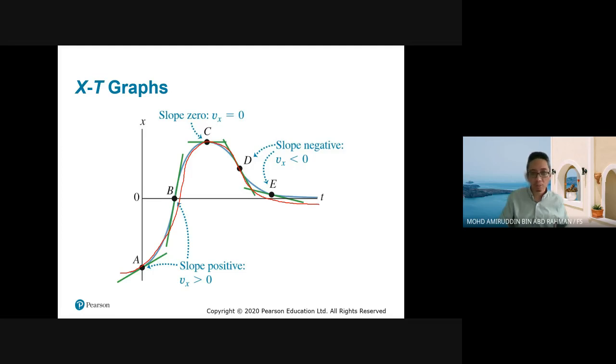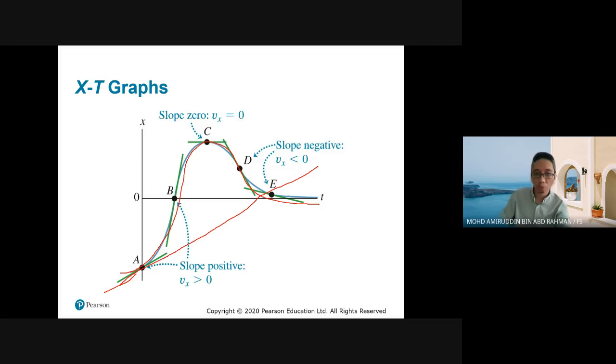But the average velocity here, as you can measure, let's say from point A to point E, is it positive or negative? Average velocity from point A to point E. Yes, it's positive because the slope is positive.